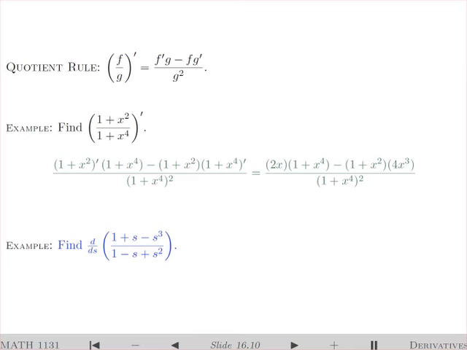So let's do that in our next example, where I'm finding the derivative of the fraction (1 plus s minus s cubed) over (1 minus s plus s squared). So the derivative is again a fraction.